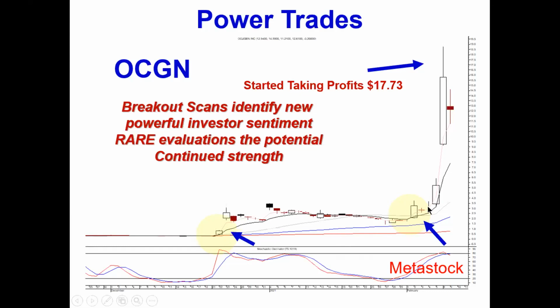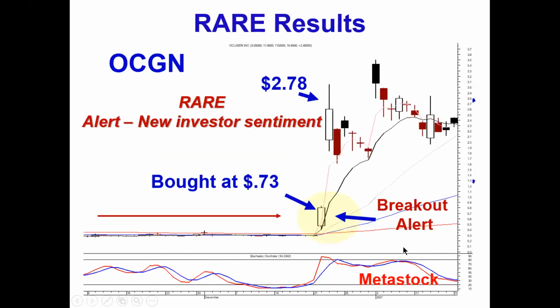So this is what creates the probabilities of two things. One, you can witness when there's been a change of investor sentiment, and then you go back and you evaluate whether that news that created that move is going to be substantiated. Eventually, we got out at 1.73 on that trade. So it wasn't like we were any brilliant traders.